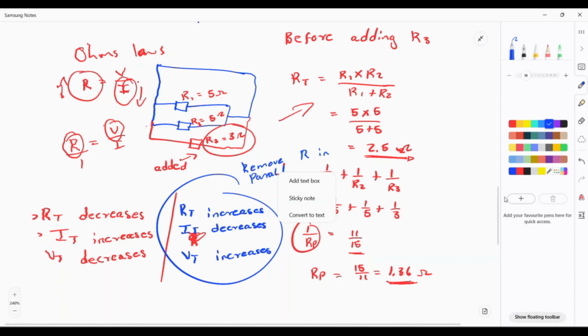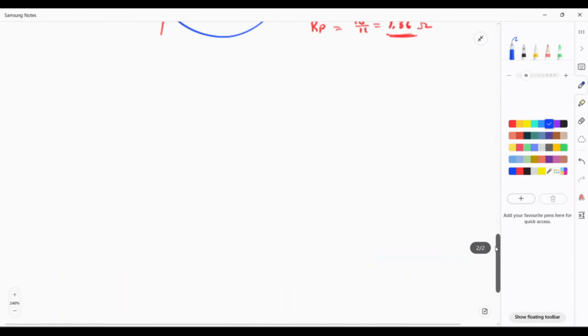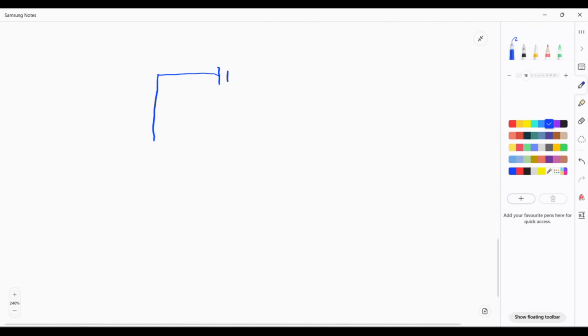But let's talk about a series, because I only talked about parallel over there. Let's talk about a series circuit. Just in case, I'm sure we still have a lot of time over here. So that is R1, R2. I'm not writing any value over there. So what happens now?